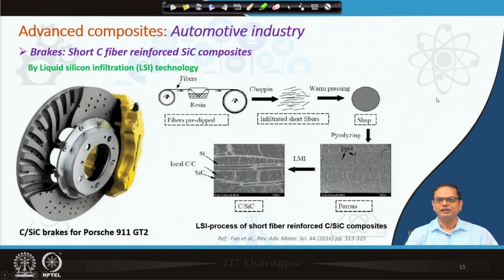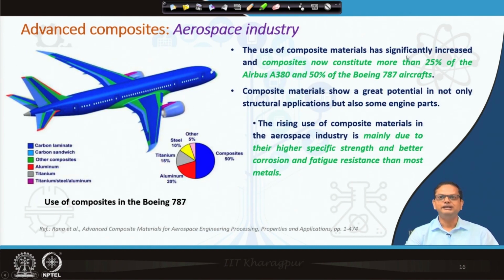All right, let us move on. Let us come to aerospace industries. Let us look at some examples. This picture you are seeing here has color coding that shows what kind of materials are being used in the body of an aircraft.